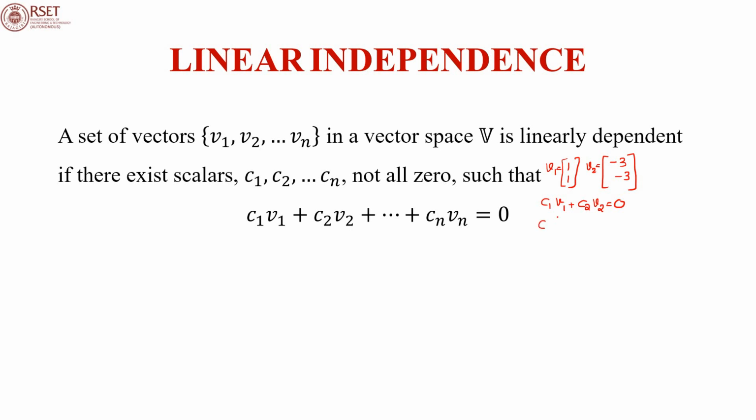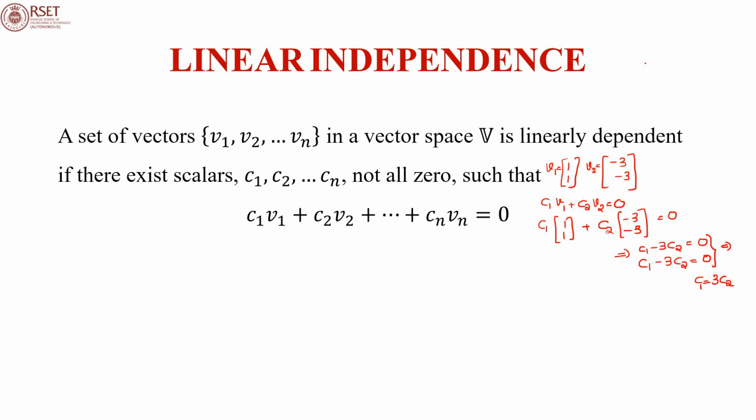Then c1 times (1, 1) plus c2 times (1, -3) must be equal to 0, which implies c1 minus 3 c2 is equal to 0. On simplification, we see both the equations are just the same. So if I consider just one equation, I get that c1 is equal to 3 c2.